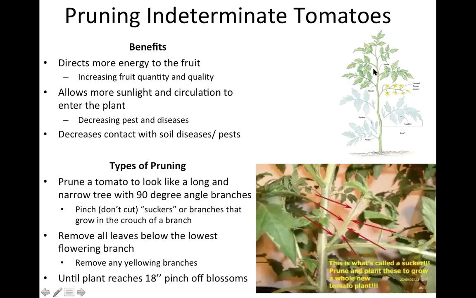You want all the branches on your tomato to be 90 degrees, give or take, and then you have these guys growing out in between, and that's where you want to pluck them out. You can pluck them out with your hands, though if you let them get too big, you'll have to cut them out. That's going to prevent your tomato from becoming a giant ball of foliage that's going to have all kinds of fungal issues and not produce great fruit. Just by opening it up and allowing sunlight to get in, you're going to have better fruit and less disease issues.